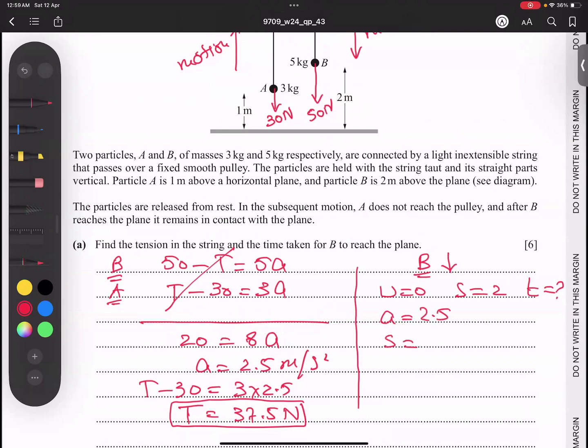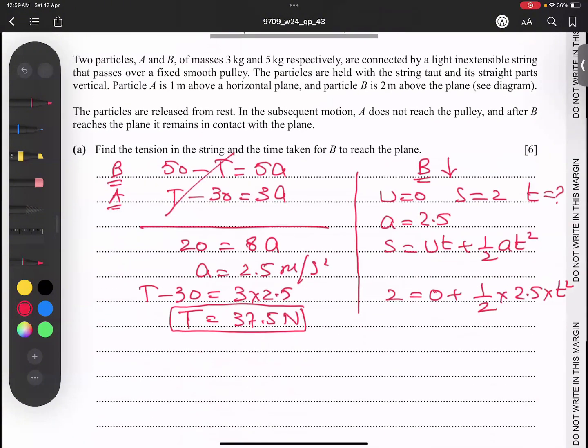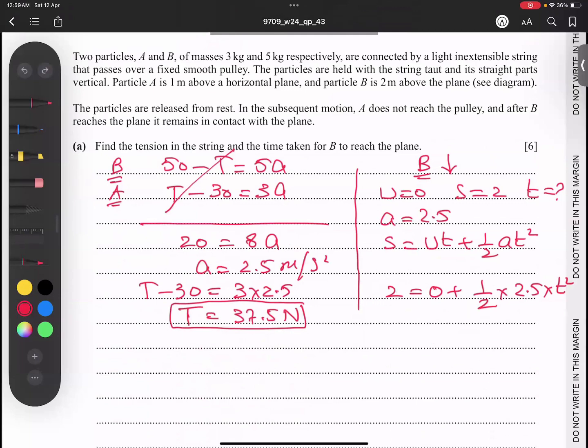And s is equal to ut plus half a t squared, where s is 2 meters, u is 0, acceleration a is 2.5, and t squared. So this 2 multiplied there gives 4, and 4 divided by 2.5 becomes 1.6, and take a root of that.